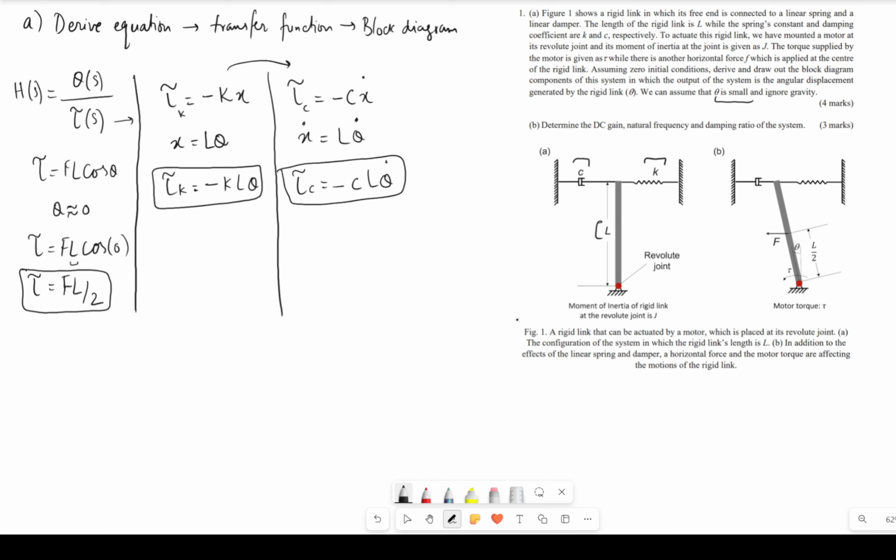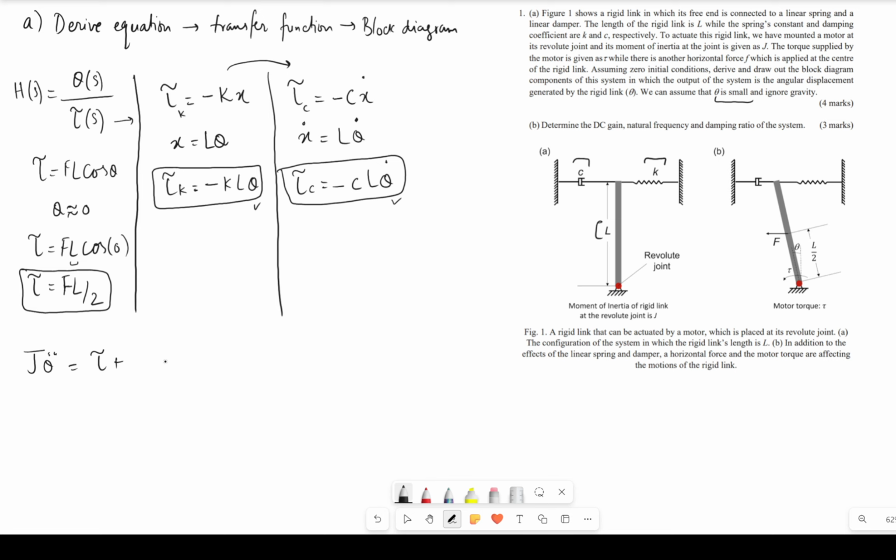Now we have a revolute joint J. So we have theta in the equation, we have theta dot in the equation, and our theta double dot will be with the J. So J theta double dot is going to be equal to the torque, which is basically our input.